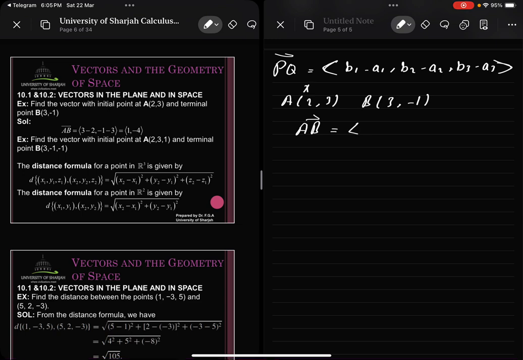Let's say x1, y1, x2, y2, so it will be x2 minus x1 and y2 minus y1. So it will be 3 minus 2, negative 1 minus 3. So it will be 1, negative 4.